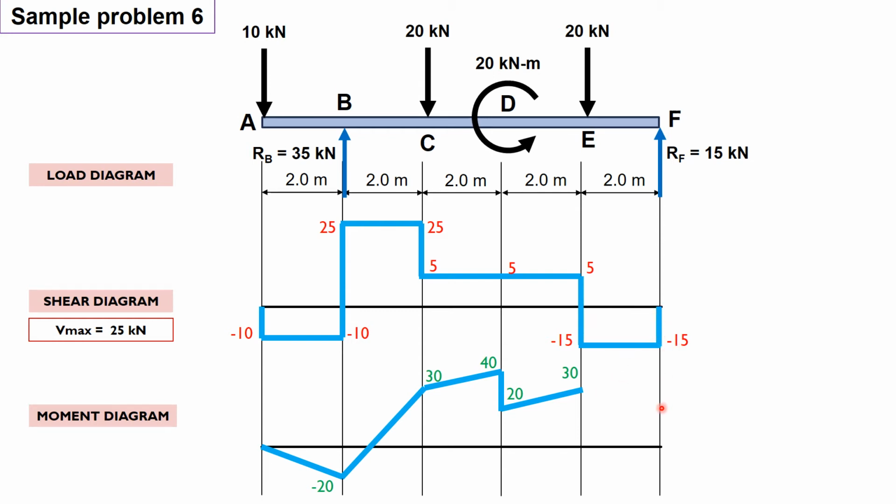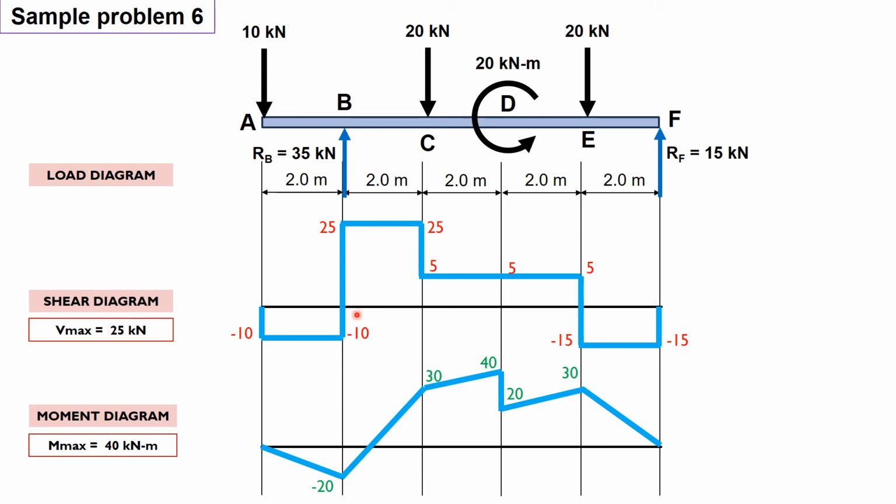So that the moment at F is positive 30 minus this area will give you 0. Ang degree ng line mo dito is 0. Kaya from E to F, ang degree ng line is 1, which is a straight line. And this will be the moment diagram. And the maximum moment is 40.